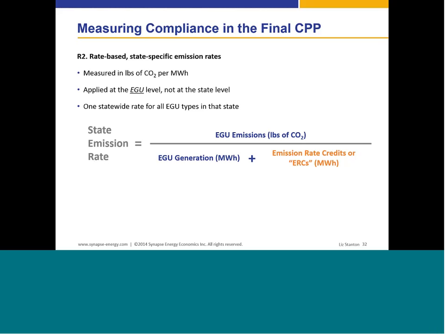And this is just summing that up. Again, that doesn't mean that each unit needs to achieve that target just through complying with its own generation and emissions. They can buy offsets in order to achieve the target that they're looking for.